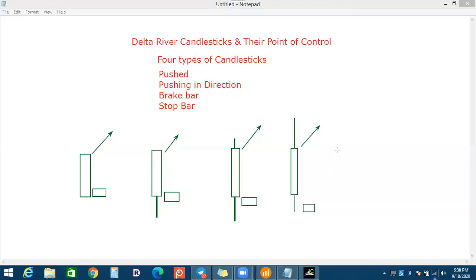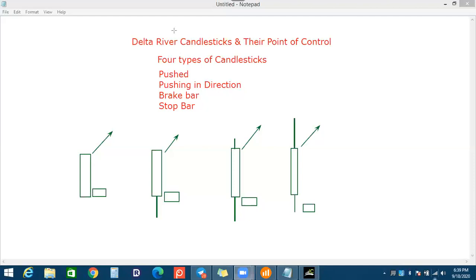Yes, sir. But sir, whose volume? Buyers or sellers? Any type of volume, but the volume increased on the open price.